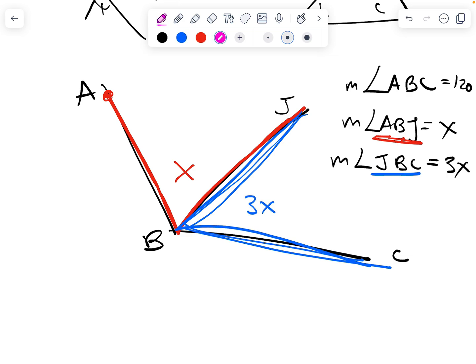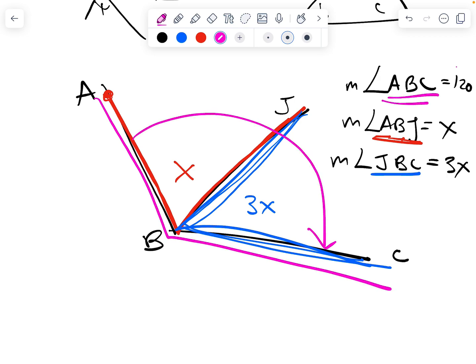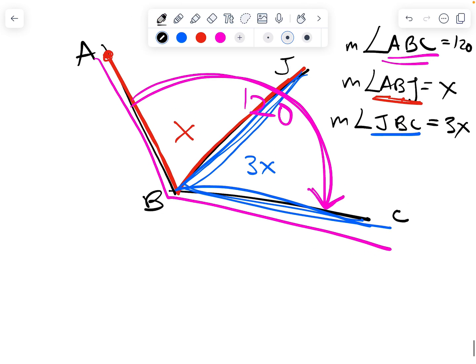Now the whole thing, ABC is 120, which means that the whole big angle is 120. This is what's called the angle addition postulate, which means that a little angle x and another little angle 3x, when you add them up together, make the whole angle 120.